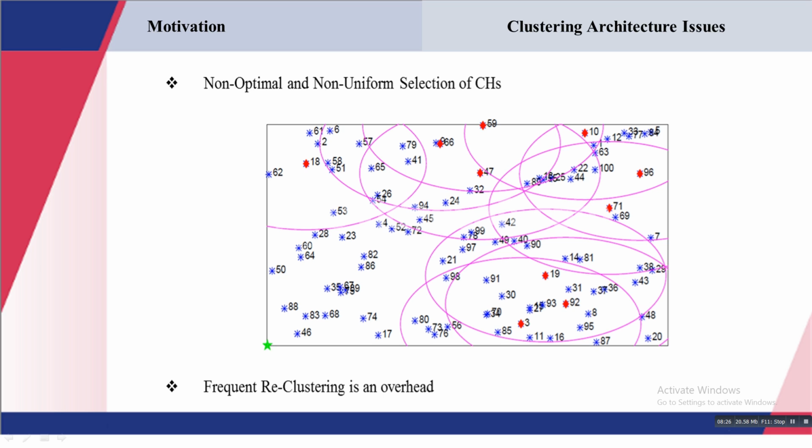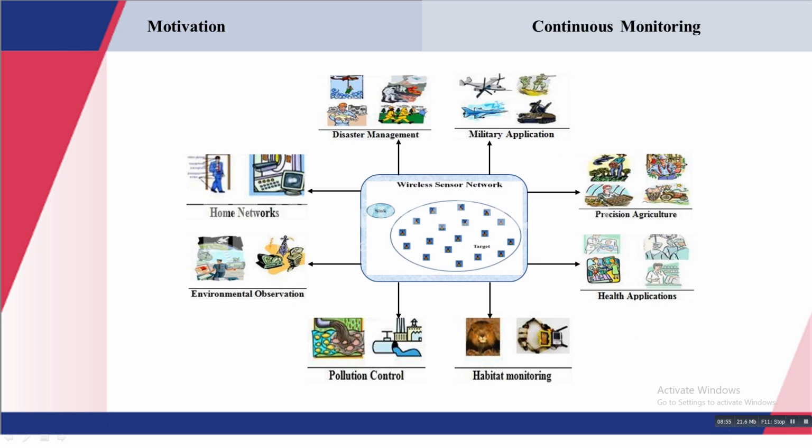So the rotation of the cluster heads is required, but if the rotation of the cluster head is done in a frequent fashion, then it will lead to a load of transfer of control packets and data packets among the sensor nodes, and it will lead to more energy consumption. So these are the two problems that we have focused on in case of clustering architecture, that is non-uniform selection and frequent reclustering.